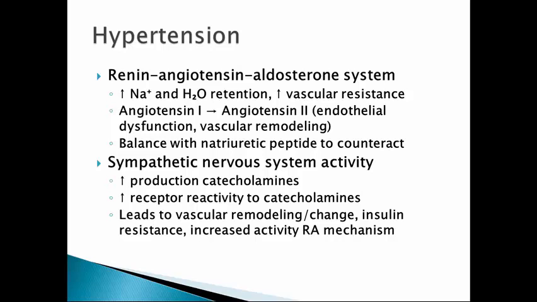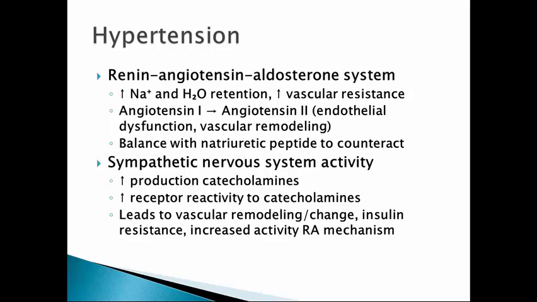In addition to that, the overproduction and the increased receptors to those catecholamines can facilitate insulin resistance and therefore metabolic syndrome. One of the critical things we see in metabolic syndrome is insulin resistance and hypertension. With that catecholamine release, you also will see an increased renin-angiotensin mechanism as well.